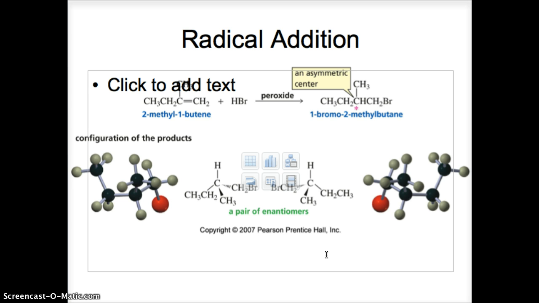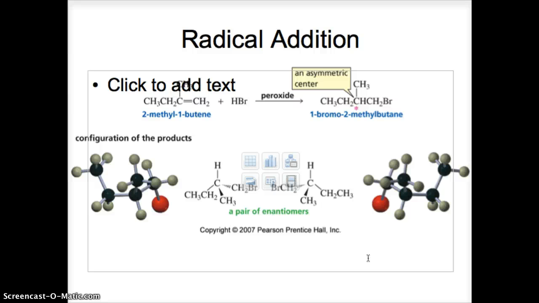Both the radical substitution of an alkane and the radical addition to an alkene form a racemic mixture because both reactions form a radical intermediate. The radical intermediate in the substitution reaction is formed when bromine radical removes a hydrogen from the reactant.